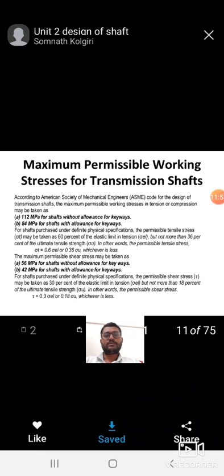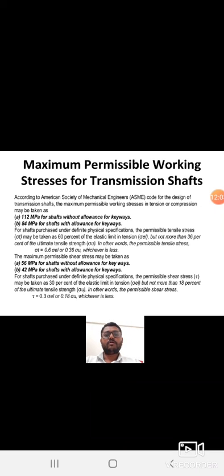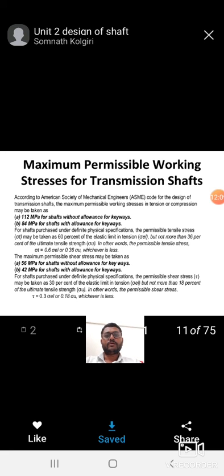In other words, the permissible shear stress tau equals 0.3 sigma EL, the elastic limit, or 0.18 sigma ultimate tensile strength, whichever is less. Thank you.